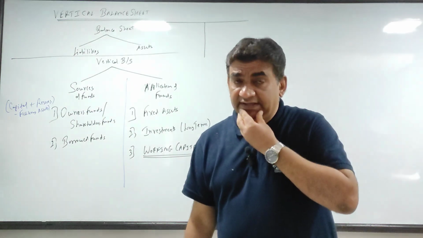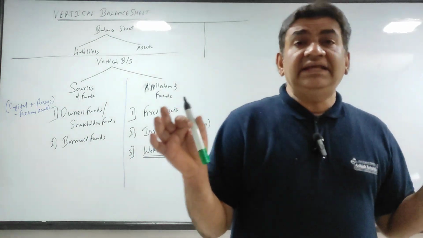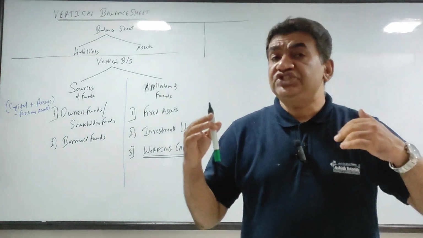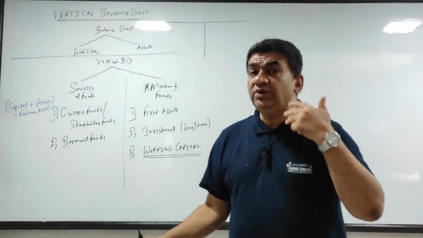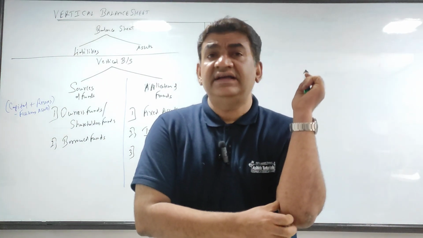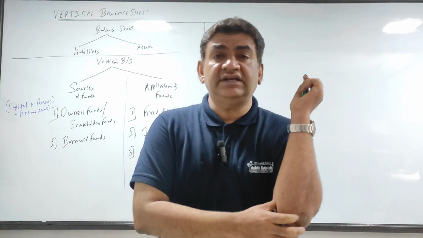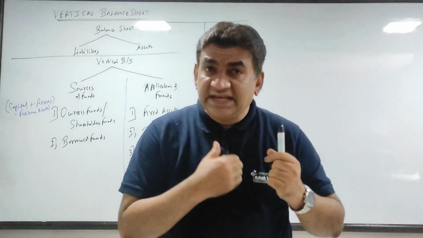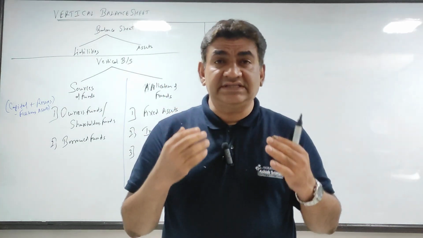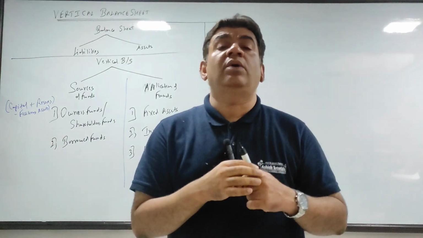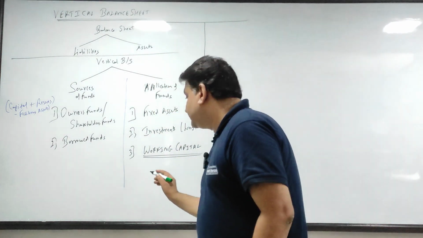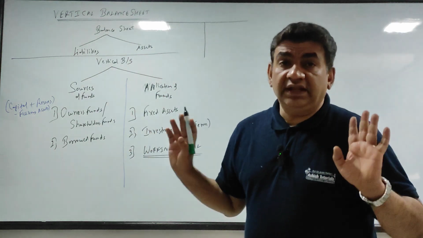Now why did I underline this and not the others? What is working capital? Working capital is a short term capital which is used for your day to day business activity. Today I purchased goods, made payment, incurred business expenses, made payment. So the money which you need for incurring your day to day business expenses, that we call working capital. And the definition of working capital is in terms of accounting equations.